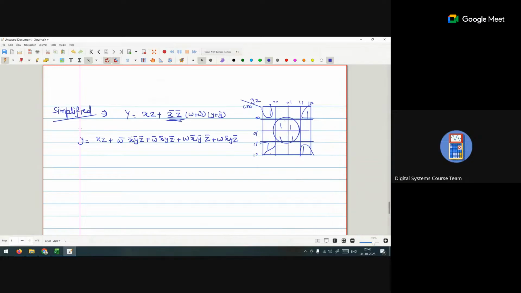Only W and Y vary, so if I multiply these terms, it will be W bar Y bar plus W bar Y plus W Y bar plus W Y. Because of these, multiplied with X bar Z bar, 4 terms are present. You can check X bar Z bar everywhere, only W bar Y bar, W bar Y, W Y bar and W Y. So that answer is also correct.